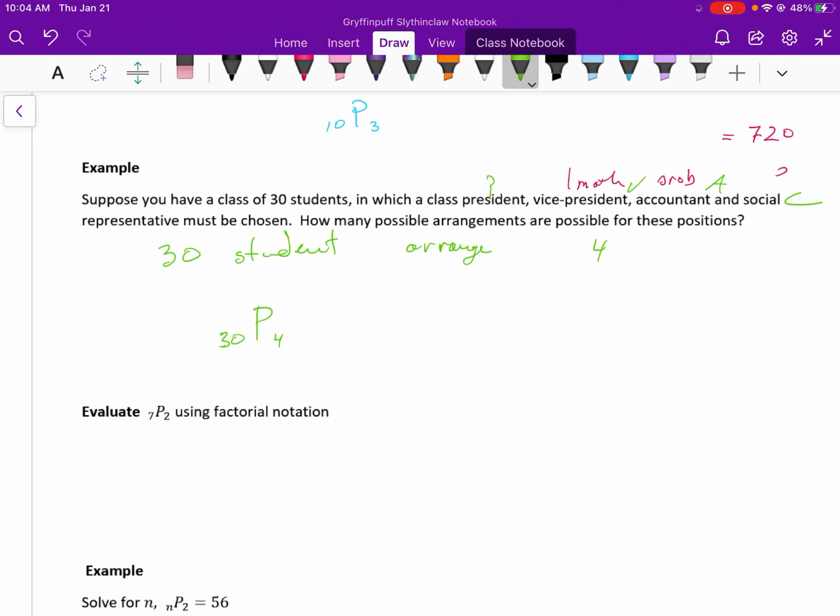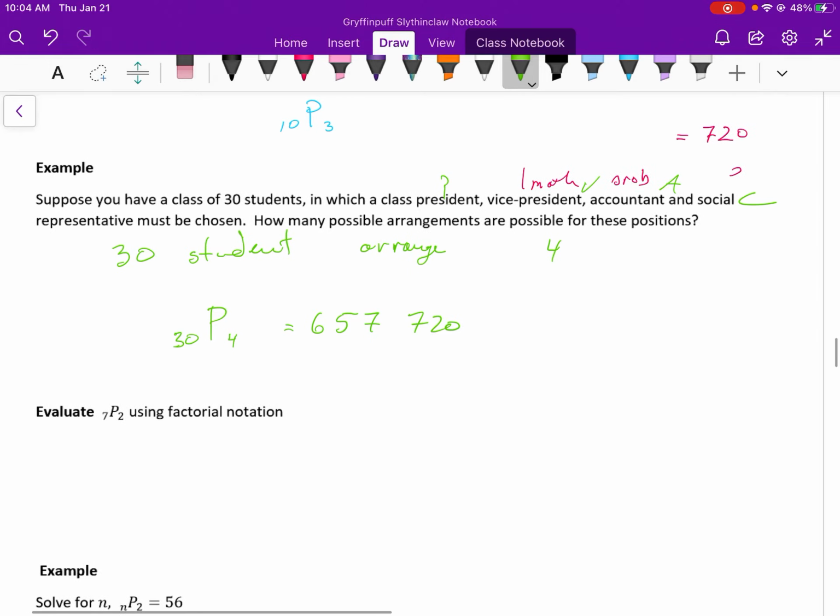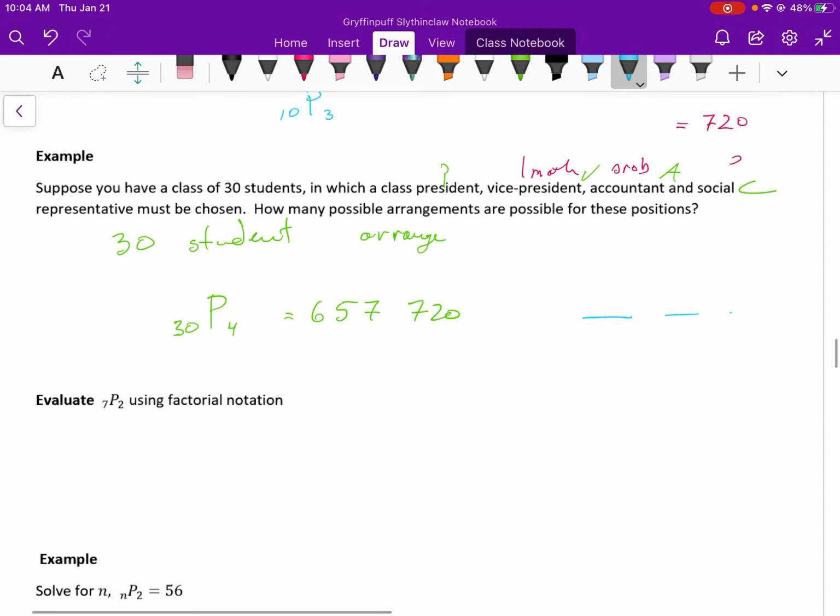Well, it's 30P4. You can do that in your calculator, 30P4, and that is 657,720 arrangements. That is one way using this notation.